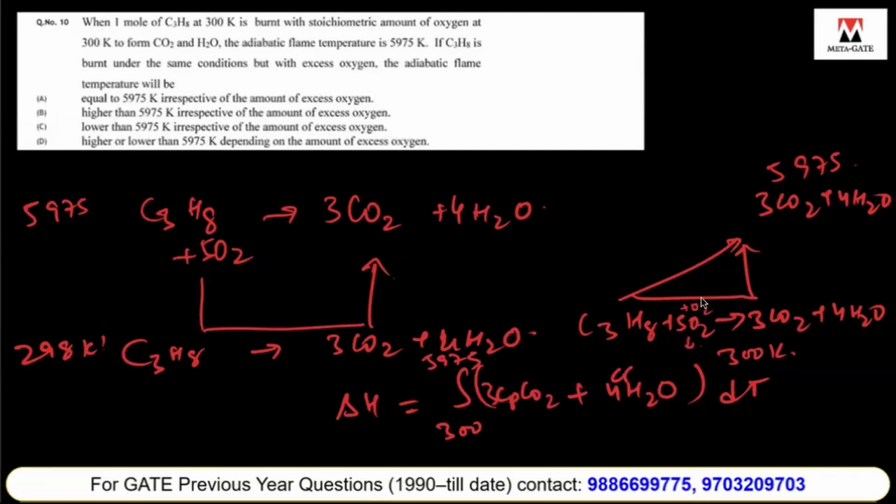That excess oxygen is not utilized in the reaction itself, because whatever heat is coming will be utilized to increase the temperature. Whatever excess oxygen you provide will stay there as an excess in the product side itself.